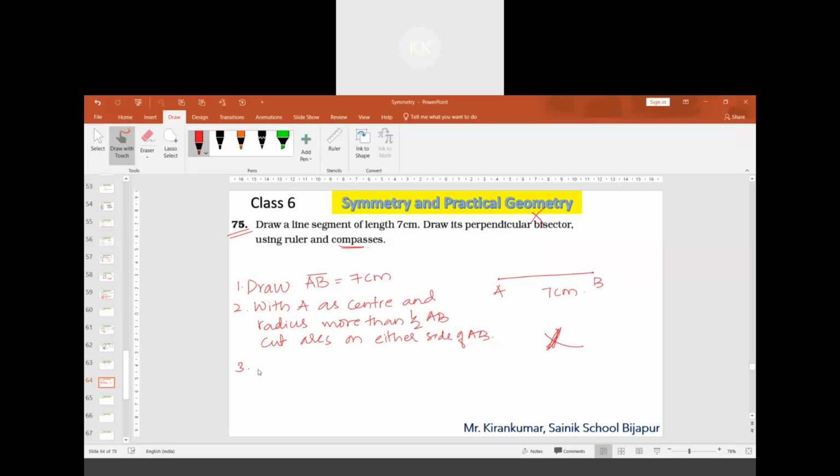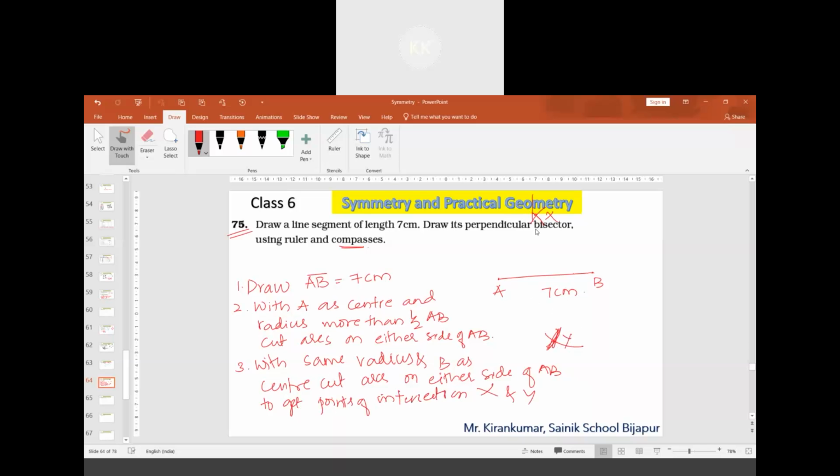So the third step is with the same radius and B as center, cut arcs on either side of AB to get points of intersection X and Y. Let me name this point as X. Let me name this point as Y. Now we have to draw a line passing through XY.